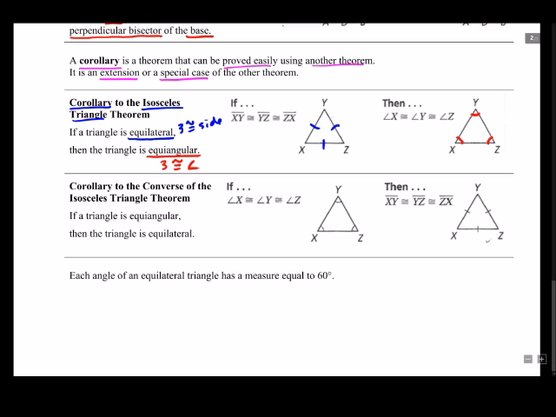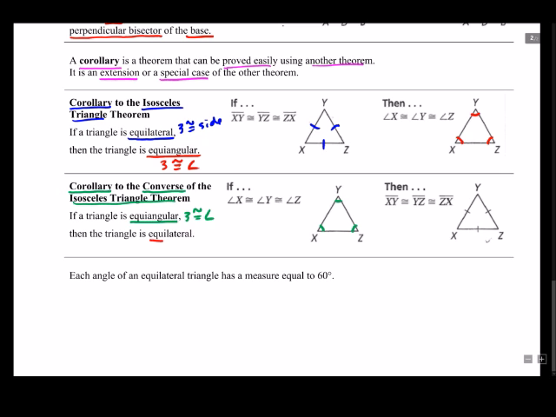And finally, we have the corollary to the converse of the isosceles triangle theorem, which said if our two base angles are congruent, then our sides are congruent. We have an isosceles triangle. Well, I'm sure you've guessed it by now. If your triangle is equiangular, that's three congruent angles, 1, 2, 3, then guess what?